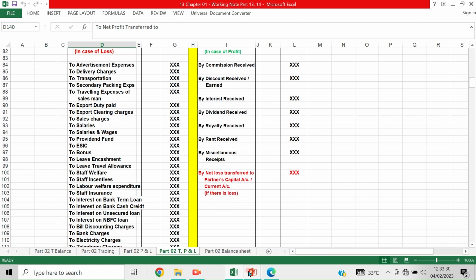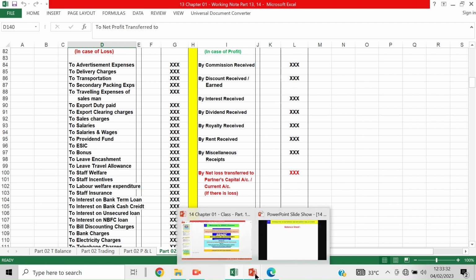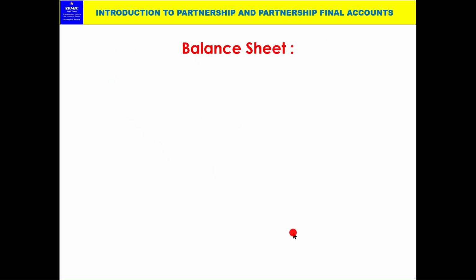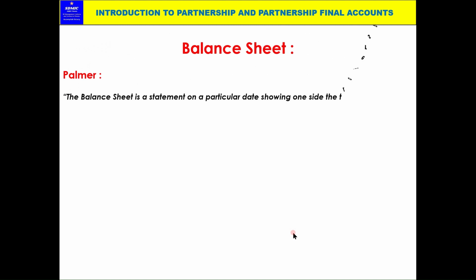Now we will go to the balance sheet part. Okay, let's see. Palmer describes the balance sheet as a statement on a particular date showing on one side the trader's property and possessions, and on the other side the liabilities.